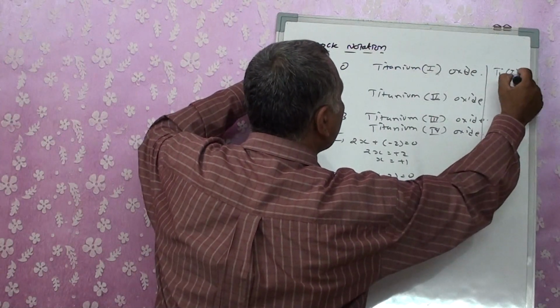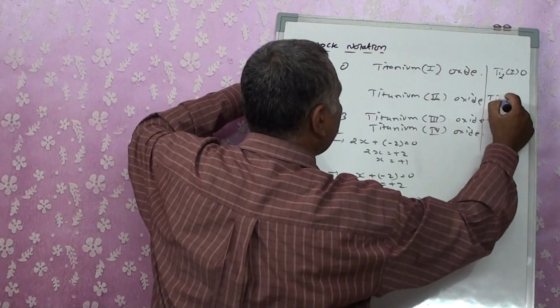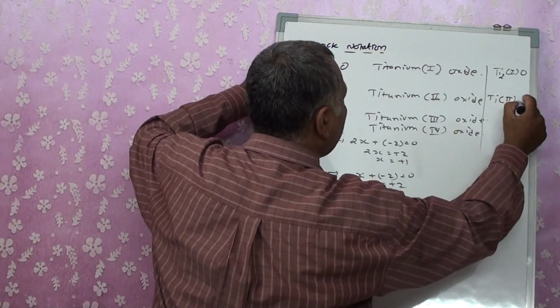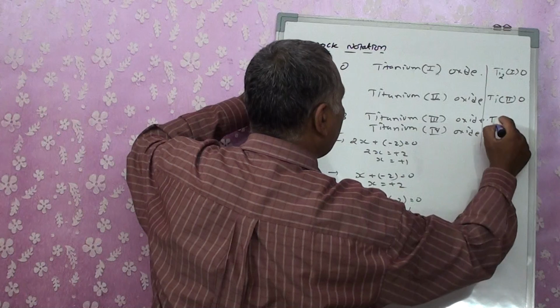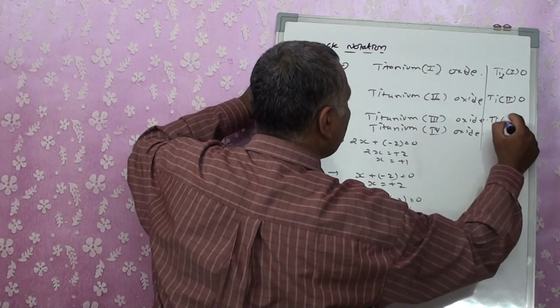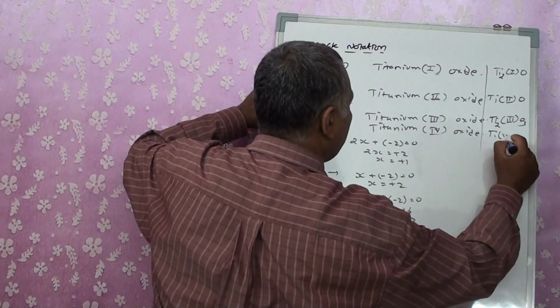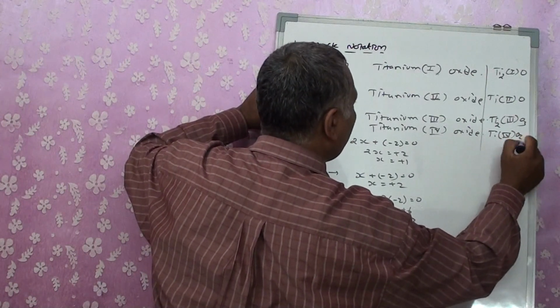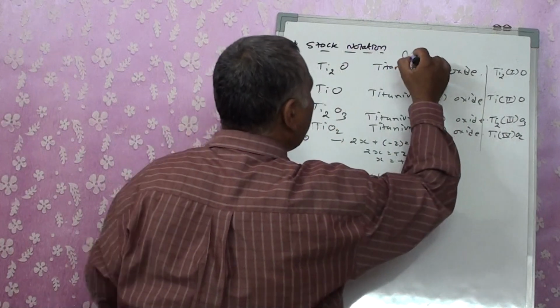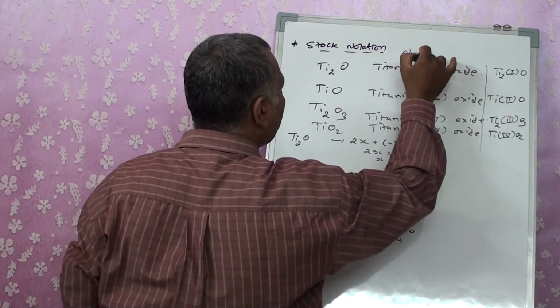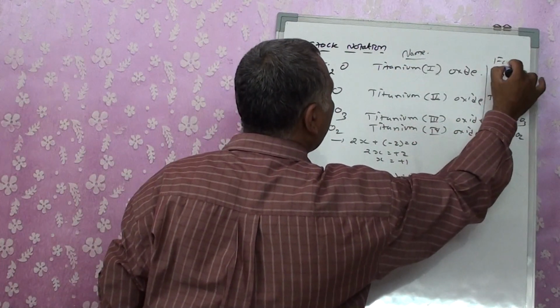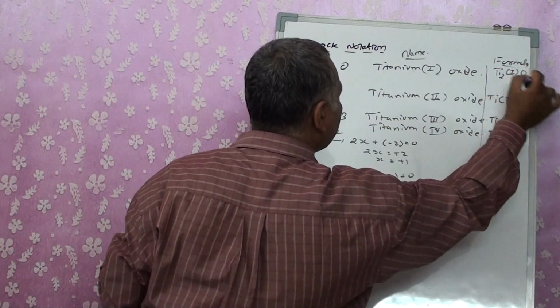This formula can also be written as Ti2O, TiO, Ti2O3, TiO2. This is the name as per the Stock notation, and this is the formula as per the Stock notation.